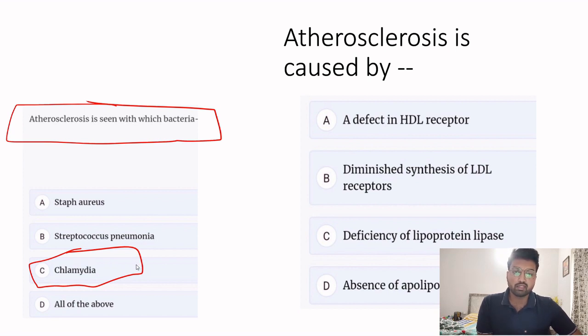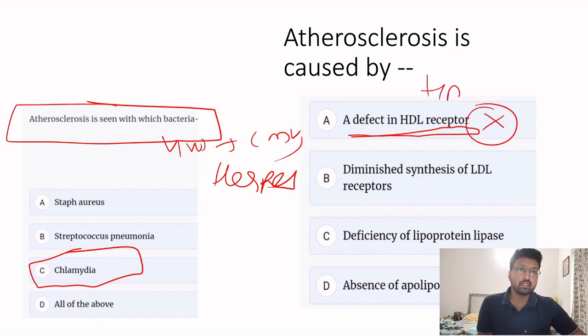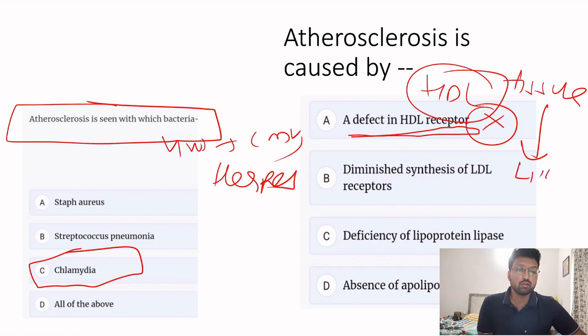If the question was virus, you know the answer is CMV or herpes. Atherosclerosis is caused by defect in HDL receptor. No, this is wrong. HDL is good cholesterol. HDL carries the cholesterol from the tissue to the liver. So it is a good molecule.